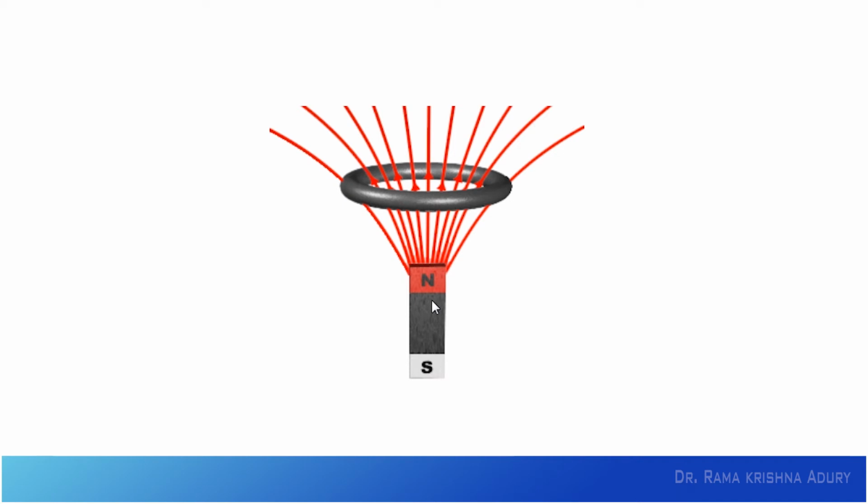Here is a magnet. When you start moving this magnet, the magnetic lines of force are intercepted, cut by the conductor.